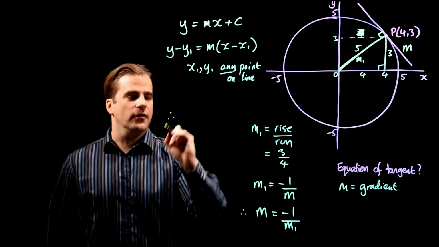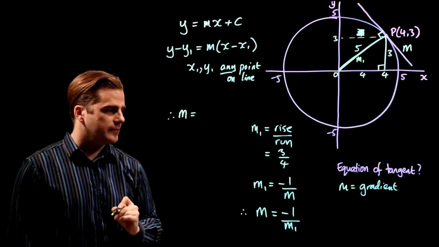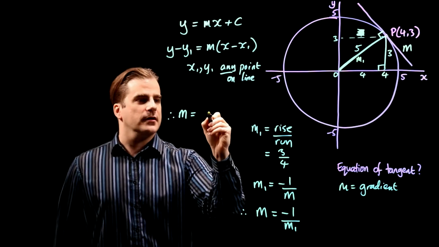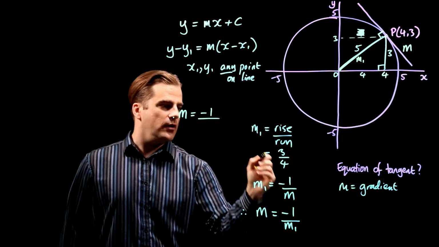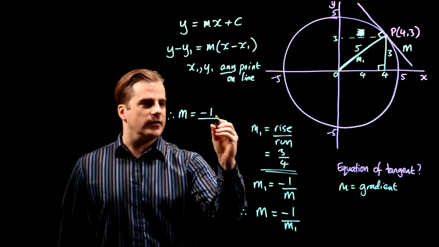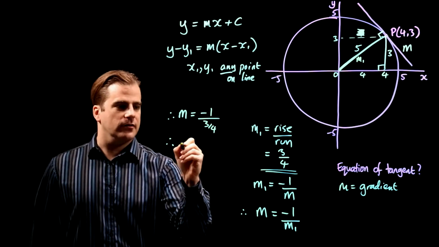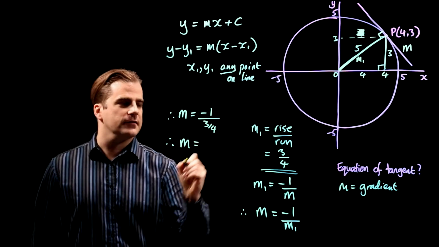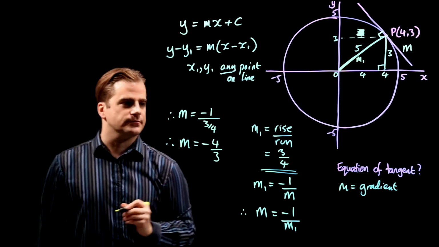So the gradient we want, m, is -1 over m1. m1 is 3/4. Okay, therefore the gradient we want is minus 4/3.